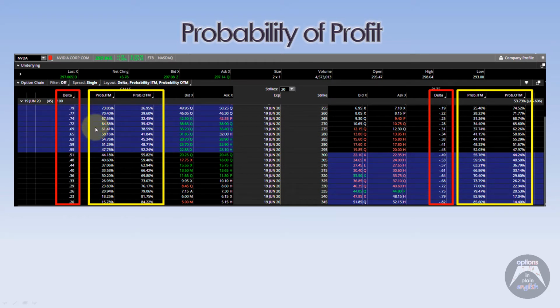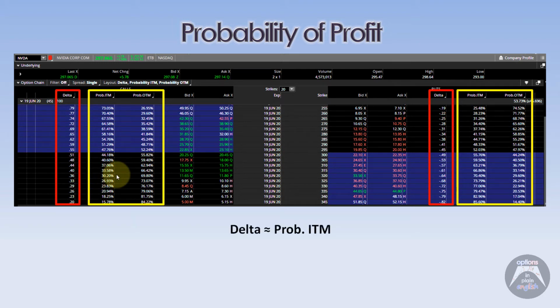One of the things that you learn when you start looking at delta is that delta can be used as an approximation, or as a proxy, for probability of in the money, so for the probability that the underlying is going to expire in the money for that particular strike price. And we can see here that yes, it is an approximation, but it is not exactly the same.